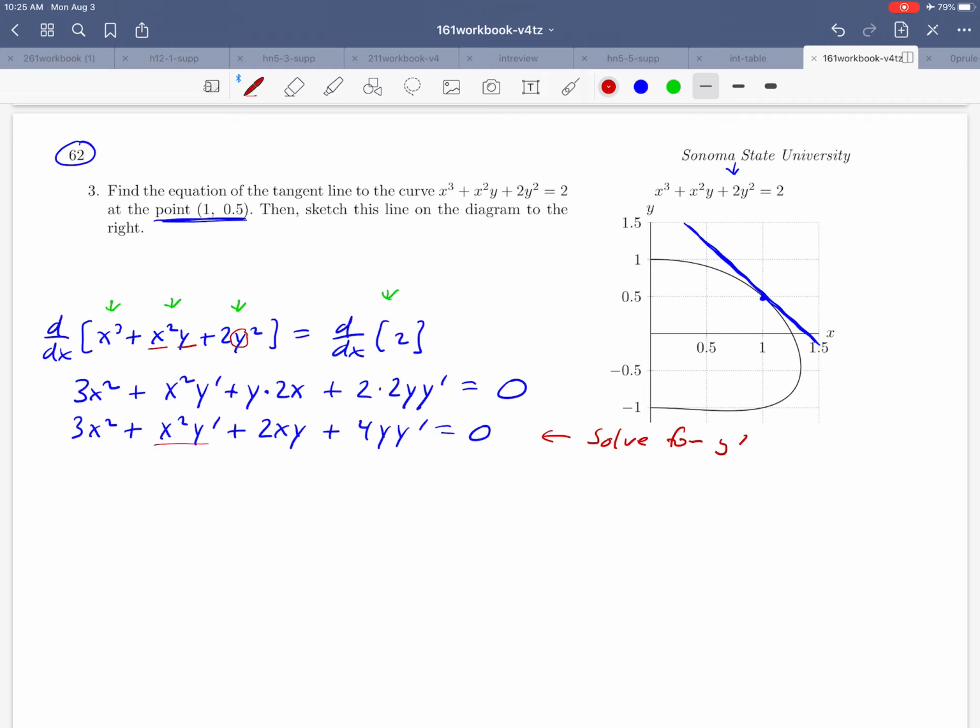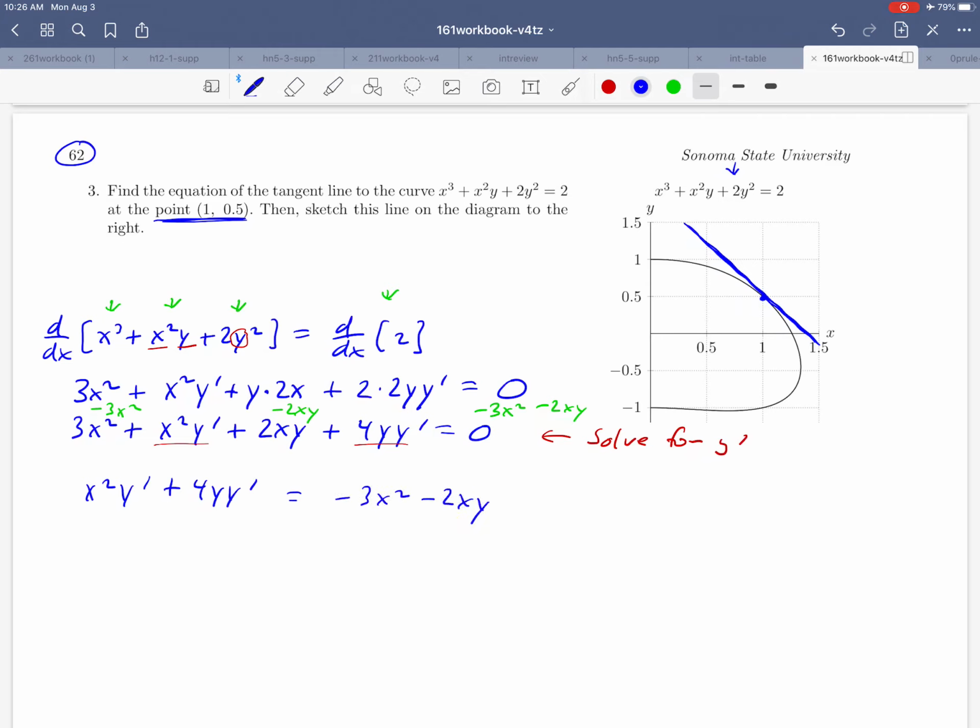Notice that there are two terms that have y primes in them. And so we're going to move the terms that don't have y primes to the other side of the equation. That is going to give us, over on the left-hand side, x squared y prime plus 4y prime equals negative 3x squared minus 2xy.